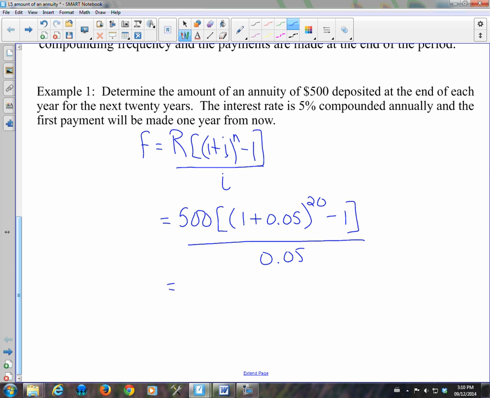So to enter that in your calculator, you can enter the whole numerator and then hit equals, and then divide by 0.05. You can do BEDMAS, where you do the work in the brackets, your exponent, subtract 1, times by 500, hit equals, and then divide by 0.05, whatever way makes the most sense to you. So let's see if we can get the same answer.